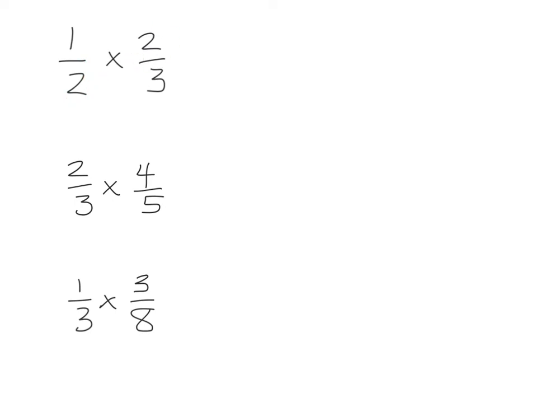So I would take this 2 divided by 2 to make a 1, and this 2 divided by 2 to make a 1 right here. And then my 1's can't be simplified anymore with my 1 or 3, so I could just multiply that out now and get 1 times 1 on the top and 1 times 3 on the bottom. And it's already in simplest form as soon as I multiply because I simplified first.